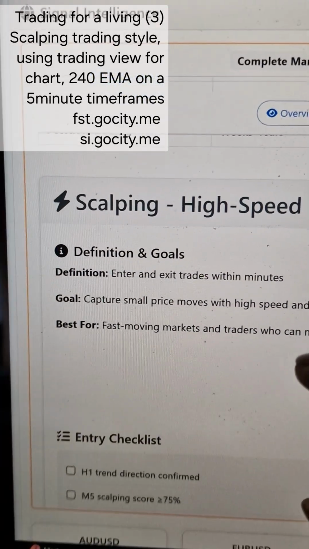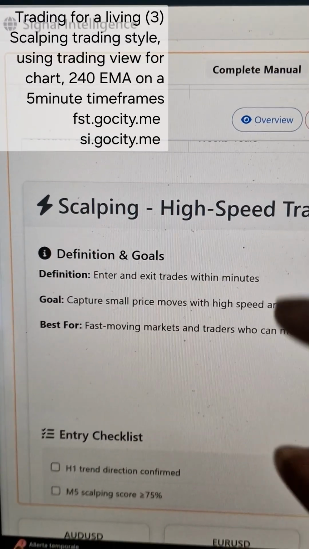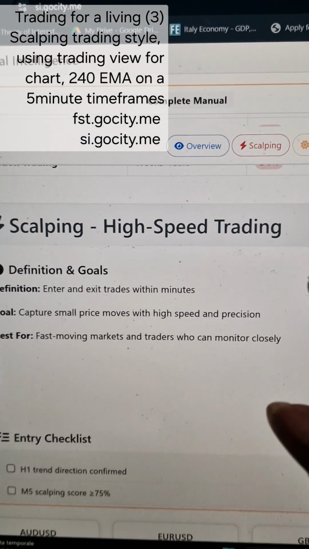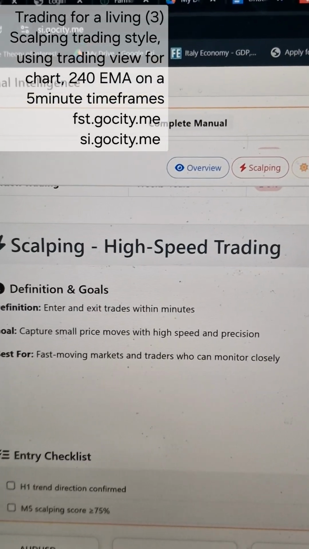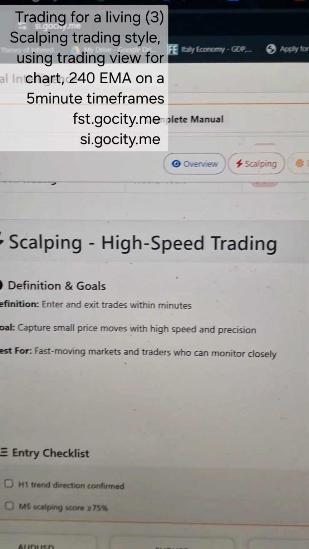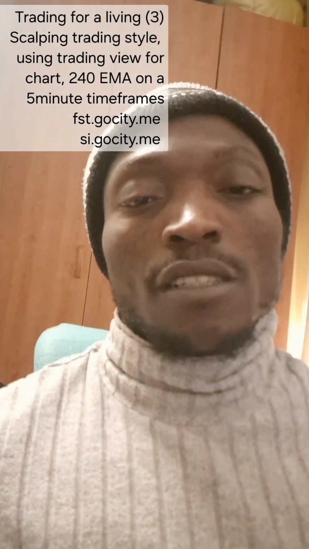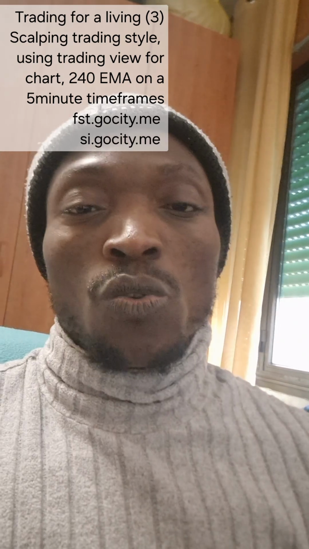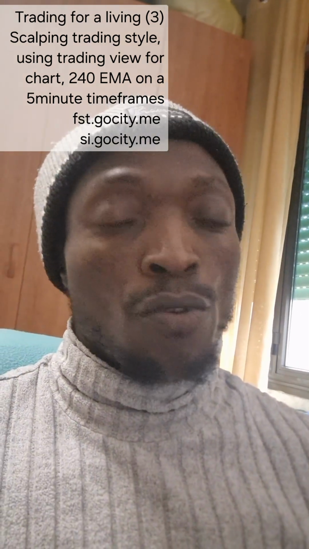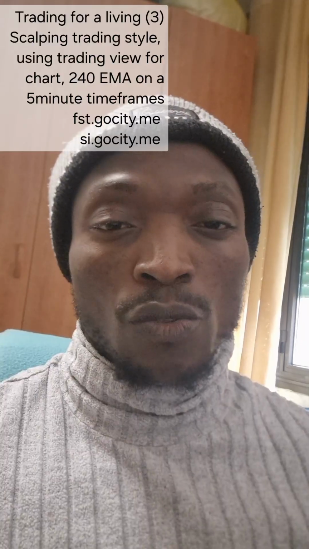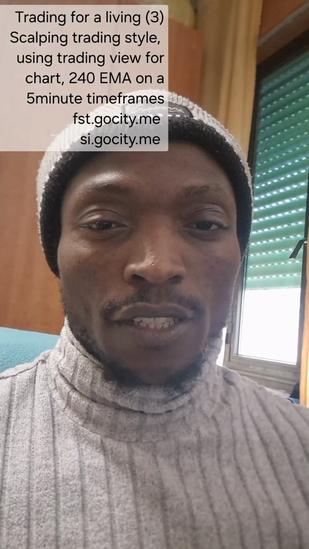The main reason for hoping for a high volatility before we scalp the market is basically because of high volatility in the market. And I can tell you from experience that the Asian market is always ranging in most pairs, not in all pairs, depending on the economic situations of the pairs involved.